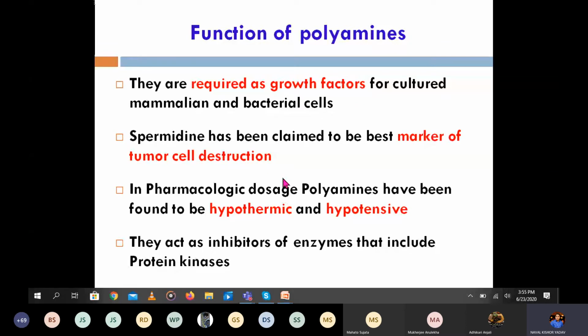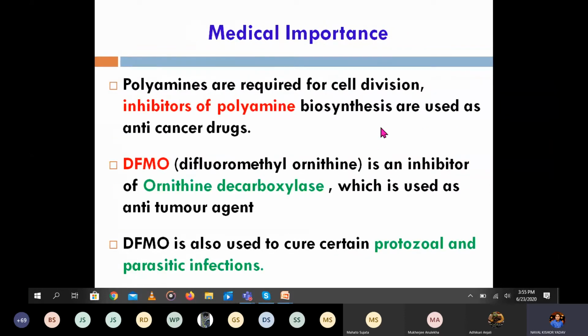So if you see the natural structure of the polyamines, they are mainly polymers of diaminobutane and diaminopropane. These are the two compounds mainly present in the polyamines, spermine and spermidine: diaminobutane, diaminopropane. So what does putrescine contain? It contains 1,4-diaminobutane. Spermidine contains putrescine, that means 1,4-diaminobutane, plus 1,3-diaminopropane.